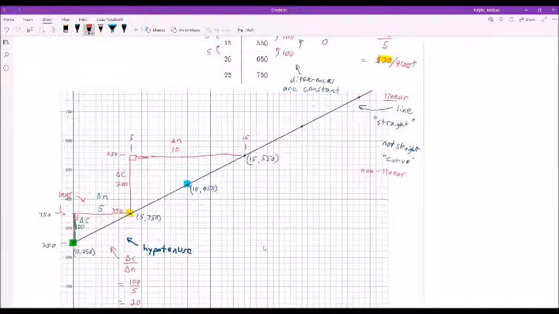And if I were to do this again for this other triangle, which is larger than the first triangle, again, change in cost over change in number of guests. And what I'm calculating here is the rate of change of total cost. We see that the change in cost in this larger triangle is 200, where the change in number of guests is 10.